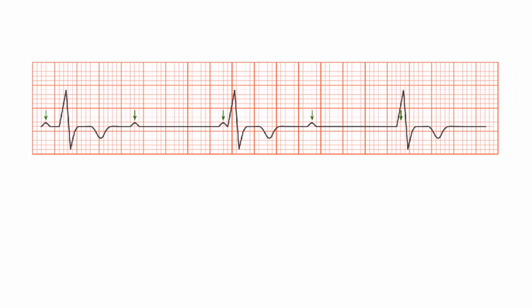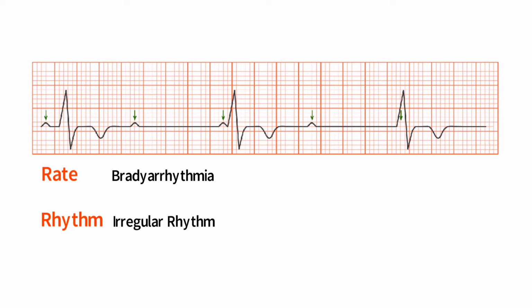So let's check this new patient. Let's check the rate. You can simply find that he is having a bradyarrhythmia, a lot of large boxes there. Let's check rhythm. If you check between the R intervals, it's actually having a regular rhythm between the R waves.